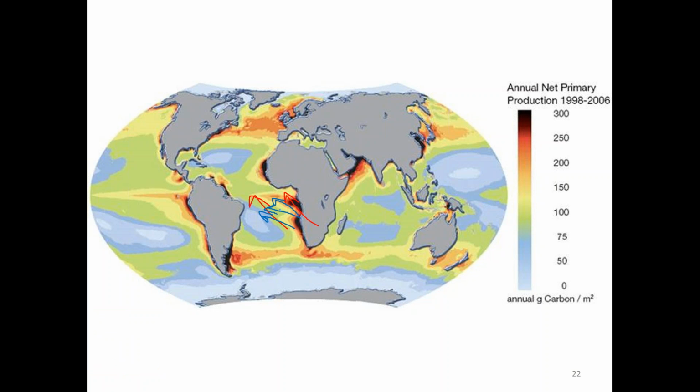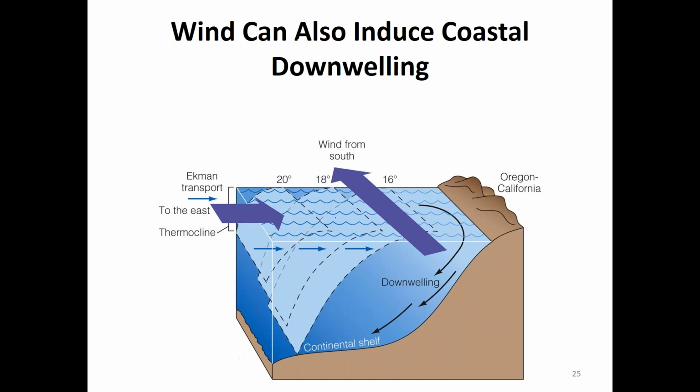And because the water is moving away from the coast, water from depth upwells along the coast. And that's why we have this very large amount of biological productivity along this coast, where here the wind's blowing, oh, I used the wrong color, this way, and so water is being driven toward the coast. Remember, water is driven toward the coast, that causes a downwelling.